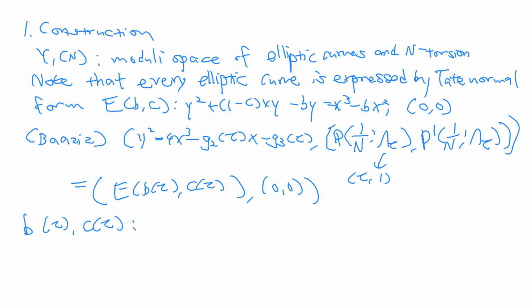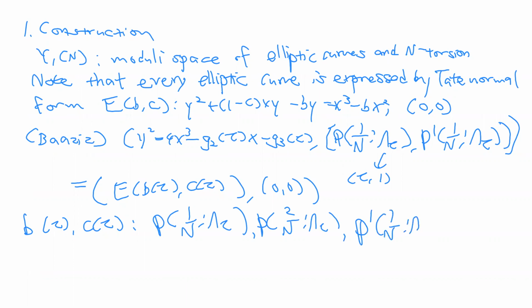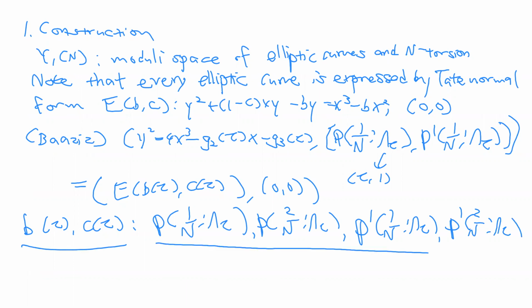It's enough to say that they are some rational functions of Weierstrass P of 1 over n of this lattice, and the Weierstrass P of 2 over n, and the Weierstrass P prime of 1 over n, P prime of 2 over n. So they're rational functions of the combinations of these four, and that's what they are.